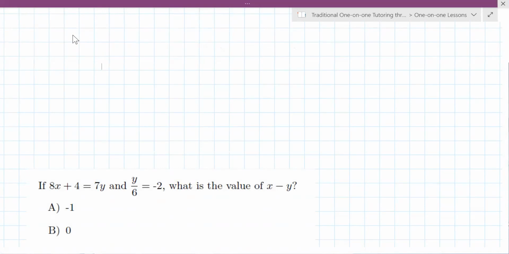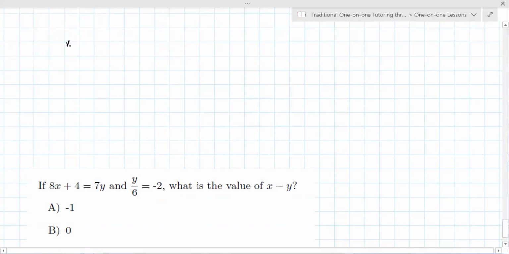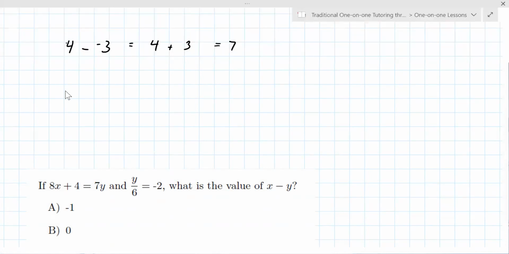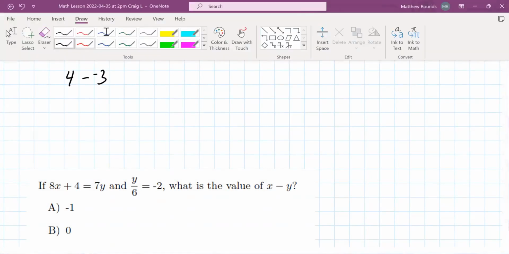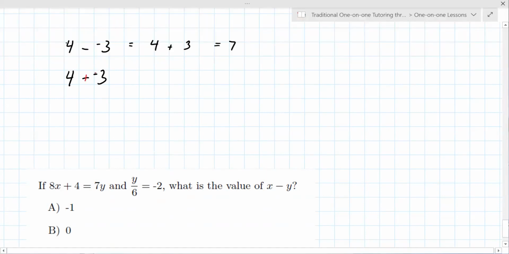Yes, so here's what you're asking me, and I'm gonna formalize this. 4 minus a minus 3 is the same as 4 plus 3. Now, as a student, what I used to do, and I think this is the right approach until you're really comfortable with this, is I would change minus minus to plus, and then write 7. I wouldn't write this step. I would just immediately go there.